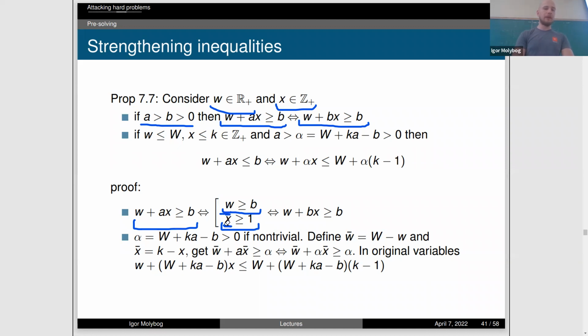Basically, one of these two conditions has to hold. And this kind of choice between the two conditions can be written down as w plus bx is greater than or equal to b. And this inequality is in fact a stronger inequality than the original one, just because the value b is smaller than the value a.